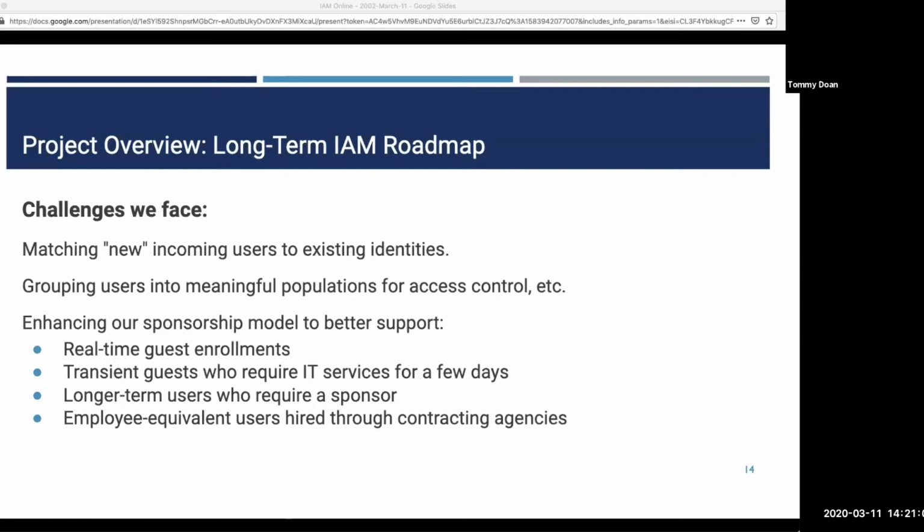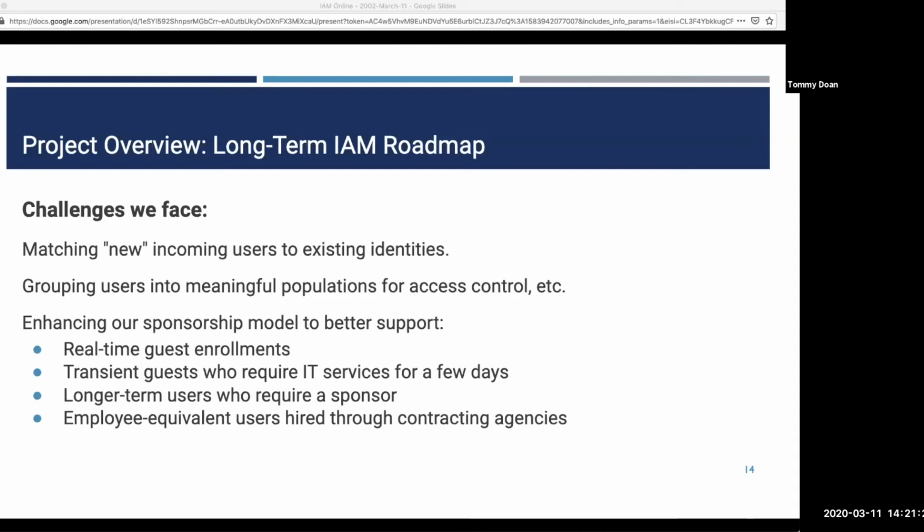So if we have Tommy Doan in PeopleSoft and we also have Tommy Doan in the non-credit SIS system, we need our central identity management system to recognize those are the same individual and merge the identities from both systems together.